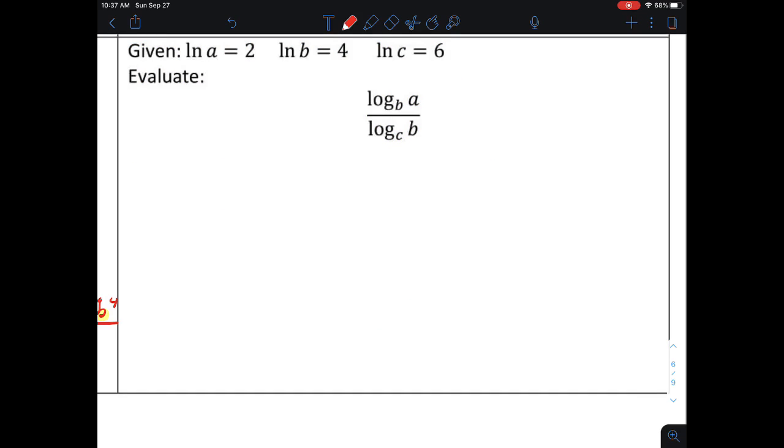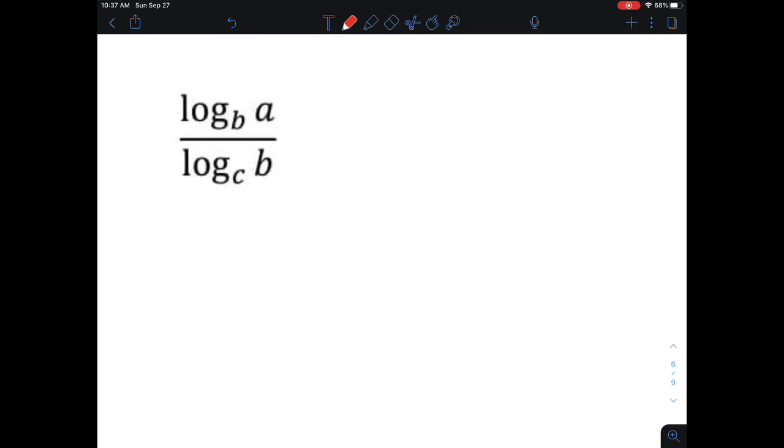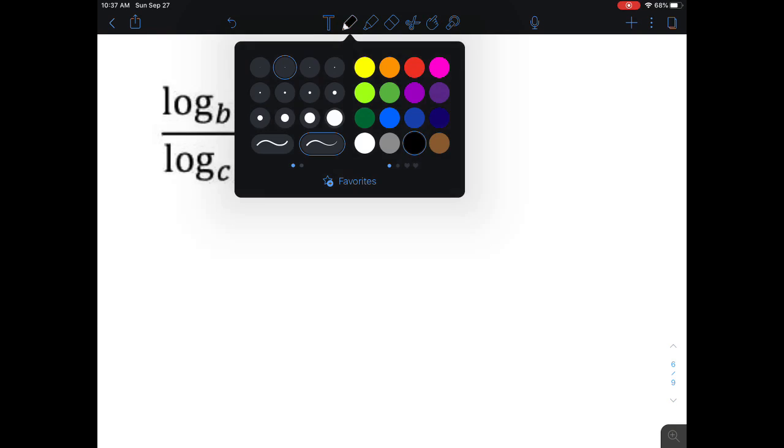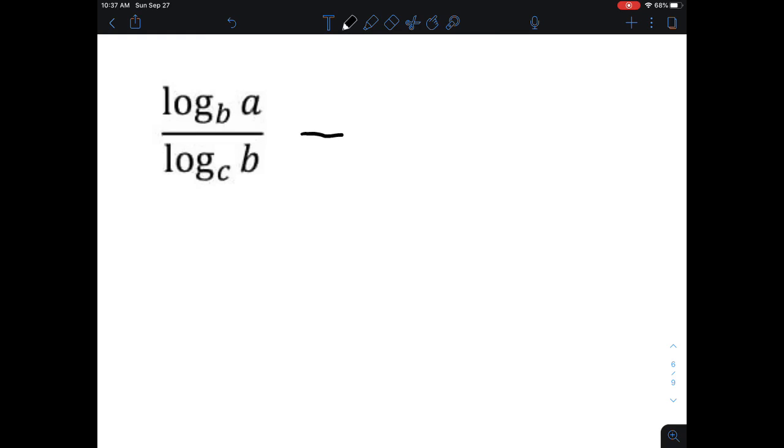Okay, now let's have another one. So this time we're given values for ln of A, ln of B, ln of C. And we want to evaluate log base B of A over log base C of B. And the way I would do that, since we have values for the natural log of A, B, and C, is let's do the change of base formula for this and let's see what we have. So I have this fraction.